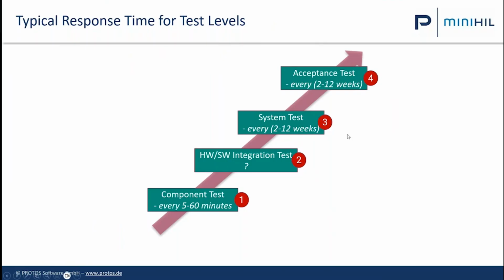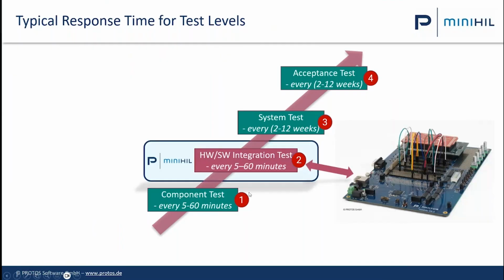And then on system test level, simulated or on a real system test level, it's usually done every couple of weeks because it's really expensive and slow. And the acceptance tests are usually done on system test level, so they're also not very fast here. Now with the miniHIL, we close this gap and we get down with the hardware-software integration tests in the range of minutes.